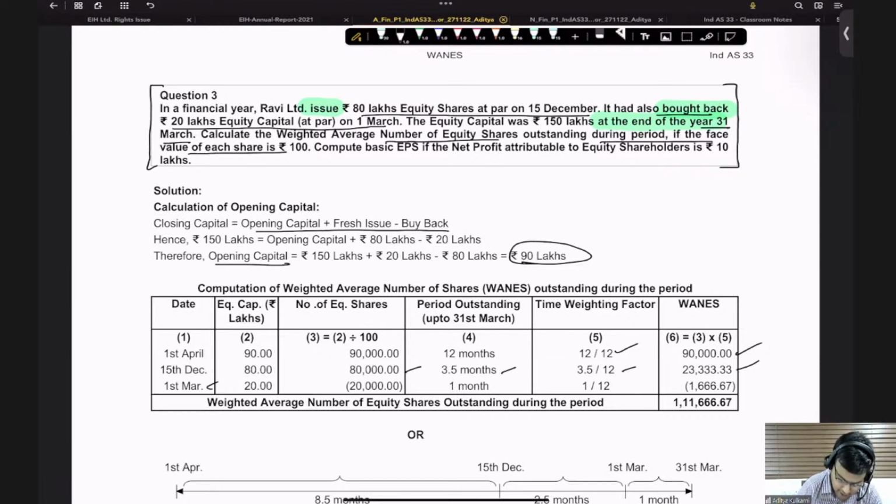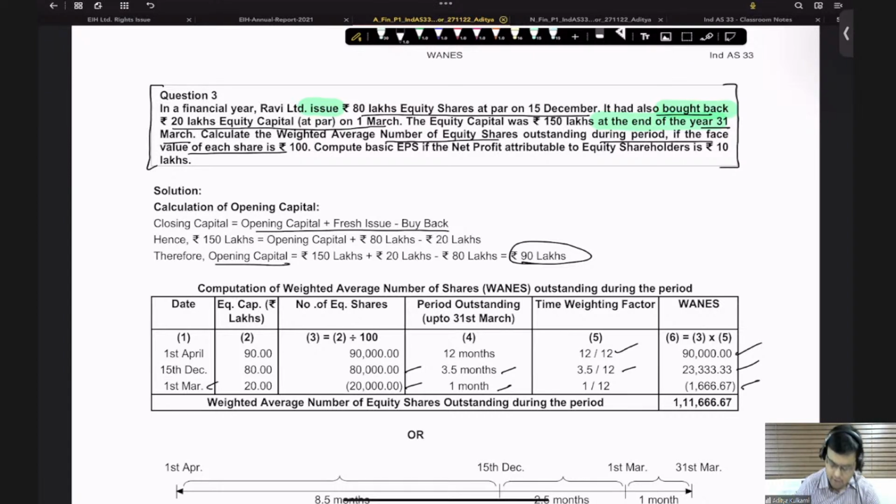And on 1st March, 20 lakhs worth of equity capital is bought back. That means 20,000 shares are bought back. That means for a period of 1 month, from 1st March, these shares did not exist. So into 1 by 12, this is going to be a negative figure.